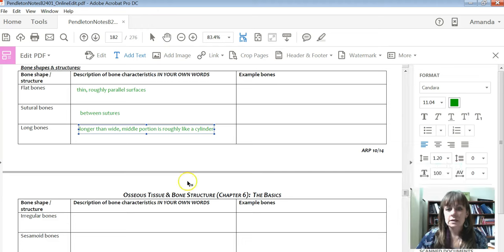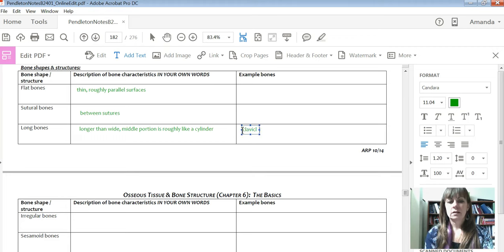One example that is a little bit tricky that I'm going to add in here is the clavicle. It looks a little bit flat, but it is actually considered a modified long bone. So that is one that might be a little bit counterintuitive.